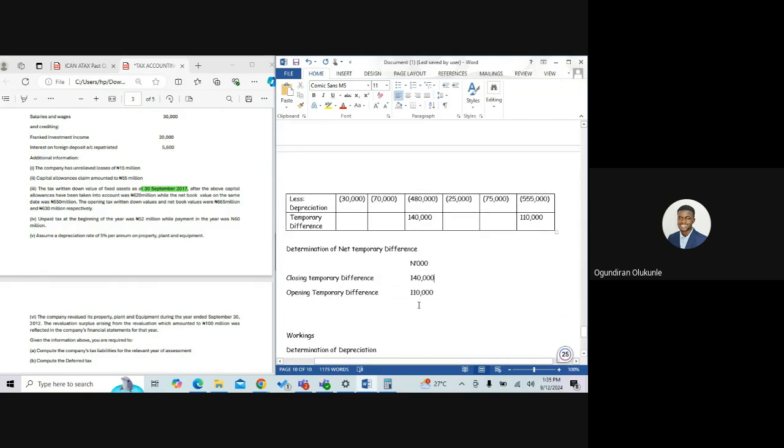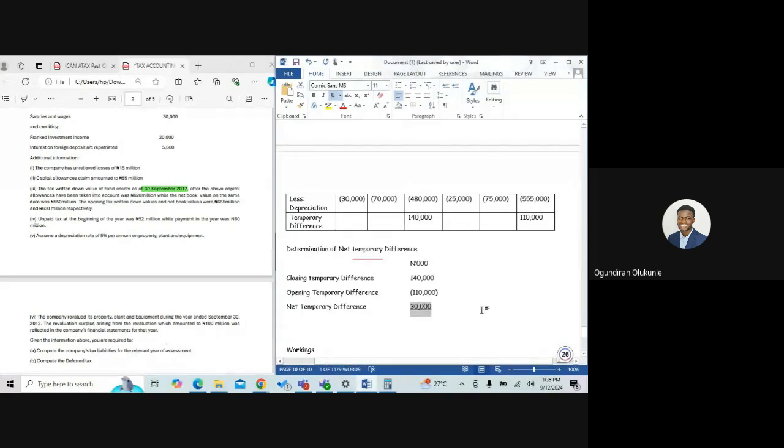Then less the opening temporary difference, that's 110,000. So what's the net temporary difference? That's the difference between the closing and the opening. That's 30,000. Good. Right.